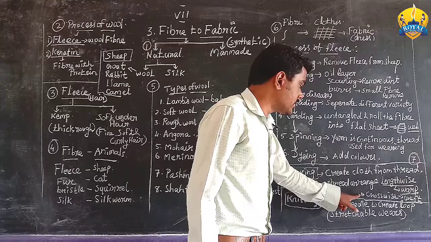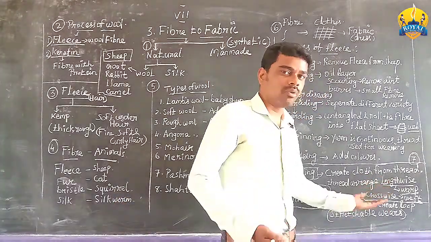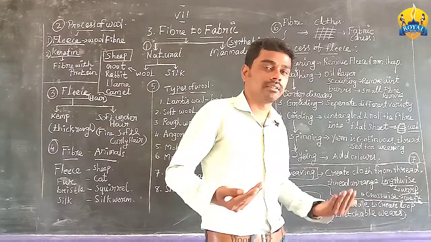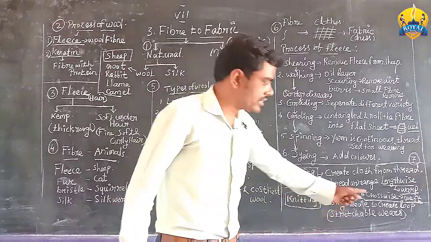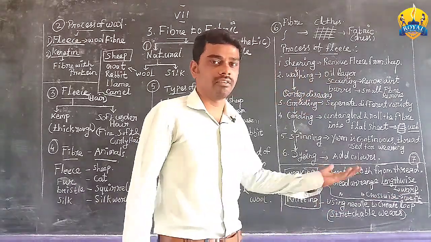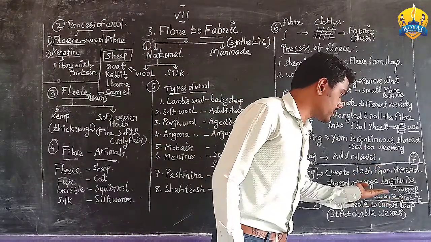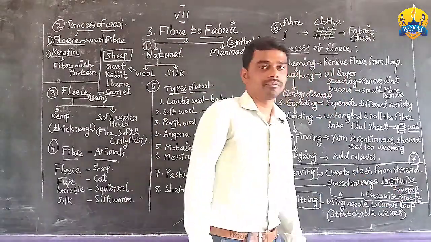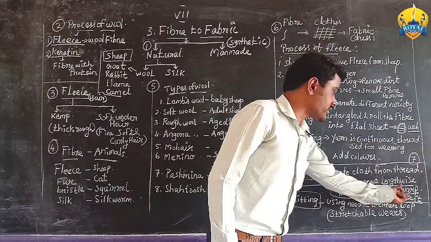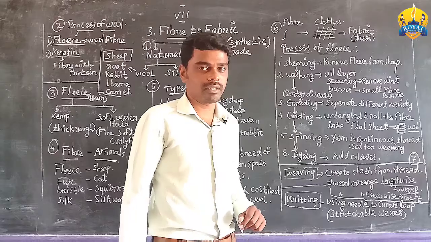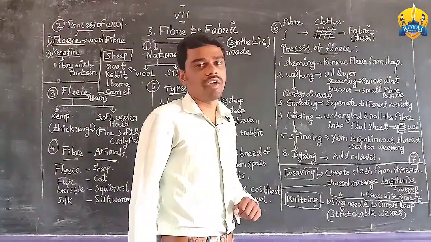Threads arranged crosswise, meaning widthwise, are known as the weft. So the first one is lengthwise, the second one is widthwise. Lengthwise is the warp, crosswise is the weft. Listen to it: that is the variety of cloth in the weaving method.